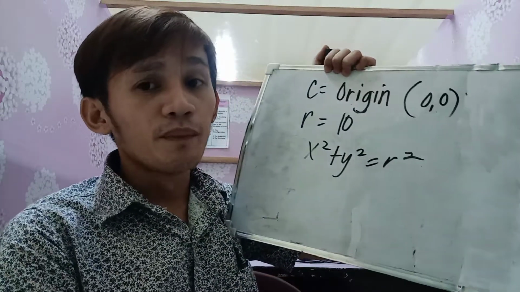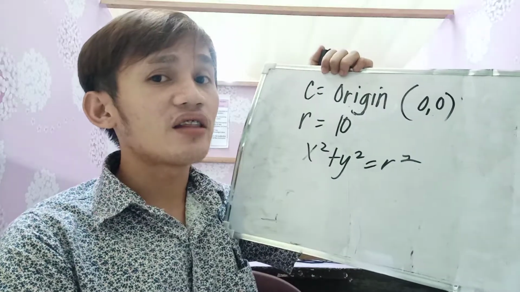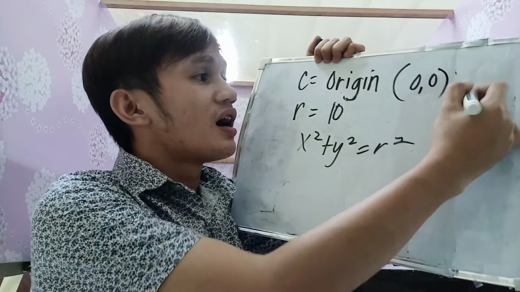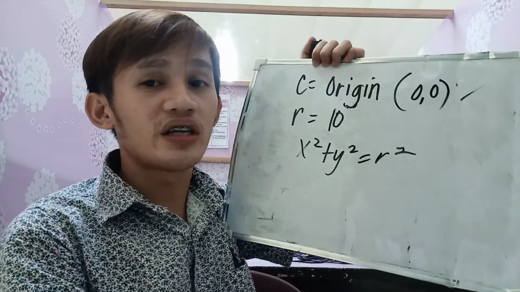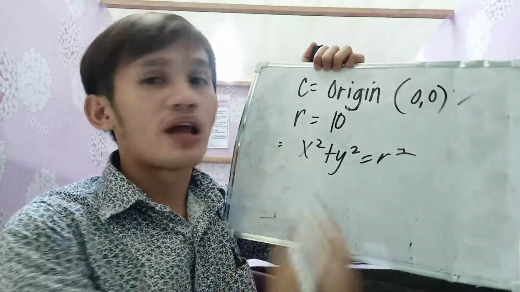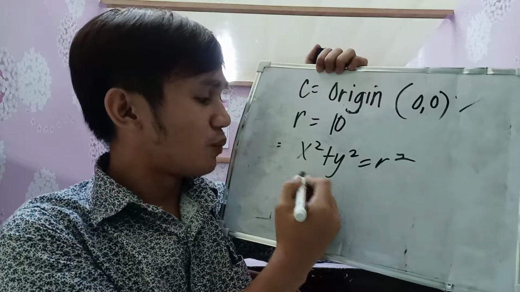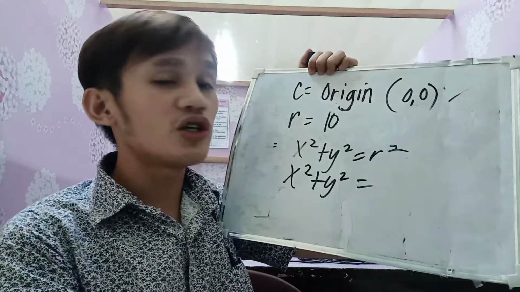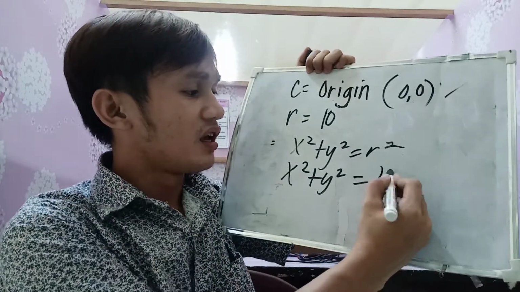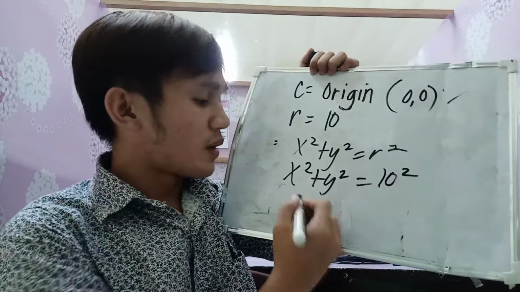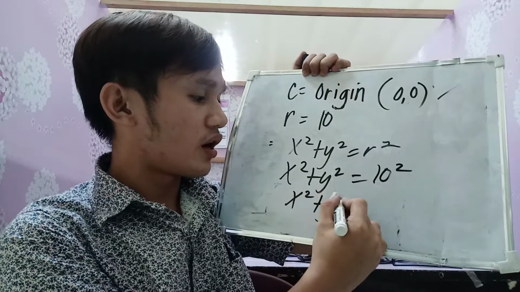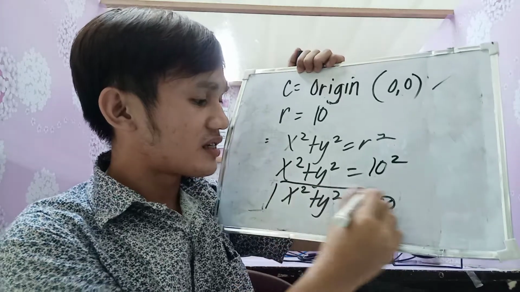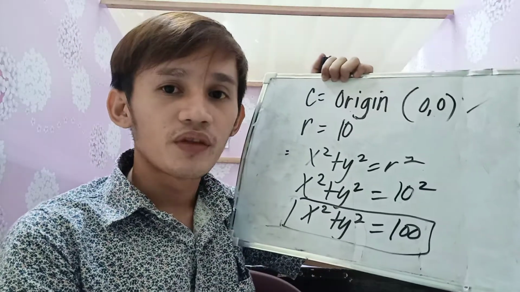Always remember that if the given center is 0, 0 or at the origin, always use this formula. Then you bring down x squared plus y squared is equal to, then substitute the value of r, which is 10, then square. So x squared plus y squared is equal to 100.